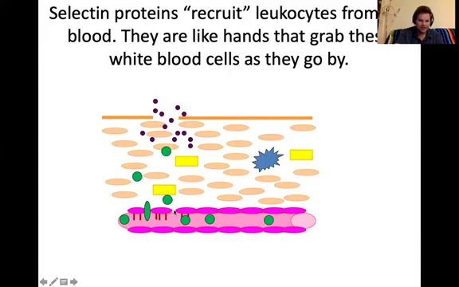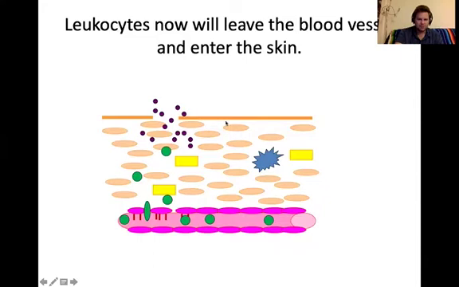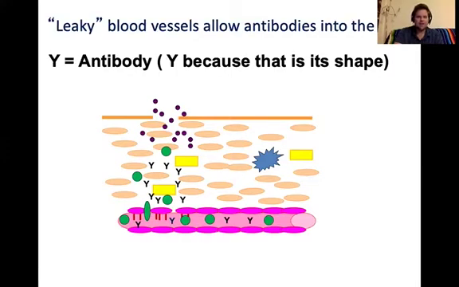Why don't you leave through this little opening in the blood vessel and come into the skin, because there's a pathogen here that you should kill. That is the job of selectins, to grab the leukocytes so they can leave the blood. And that's what you actually see, the leukocytes leaving the blood and going to the site of the injury. The video that you will be watching next shows this very clearly.